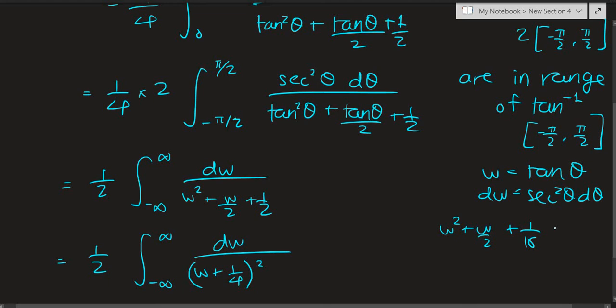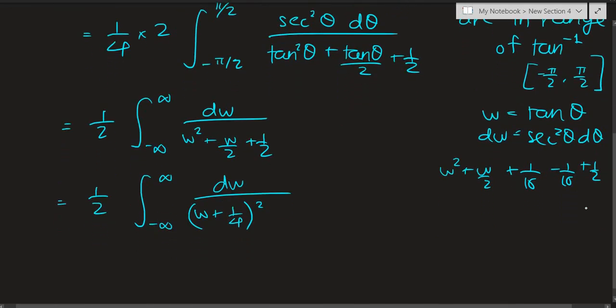So you subtract 1 by 16 from this half that was originally there. So half minus 1 over 16, 8 times 2, so 7 by 16, and we can express that under the root basically.